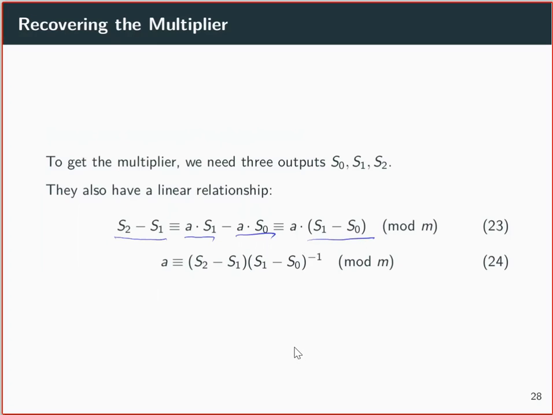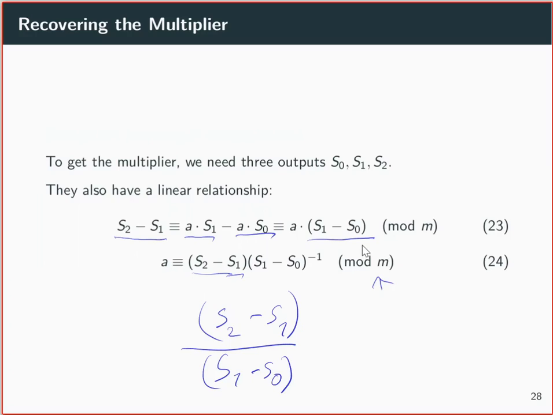So in order to find A, we might as well just take this number divided by output 2 minus output 1, divided by output 1 minus output 0. Or here I will take the multiplicative inverse regarding the modulus, just so it's more obvious.